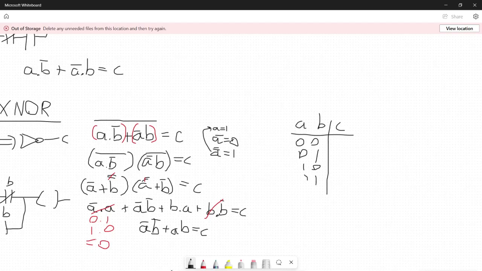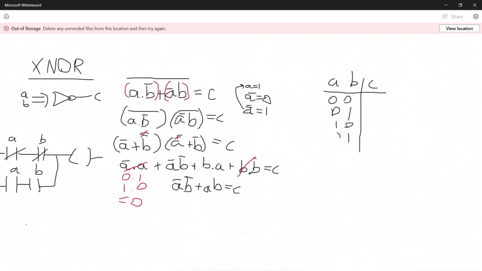Now, if we plug these values into our formula, we can see that if A becomes 1, this will become 1. So that'll be just 1. And then we know, since this is a plus, that if one of these terms equals 1, we'll get a 1 out. That's how OR gates work.